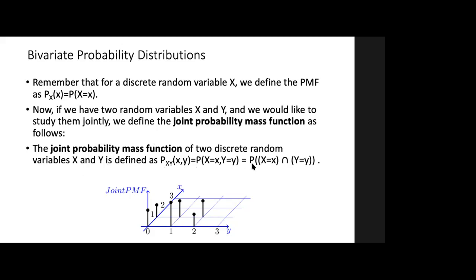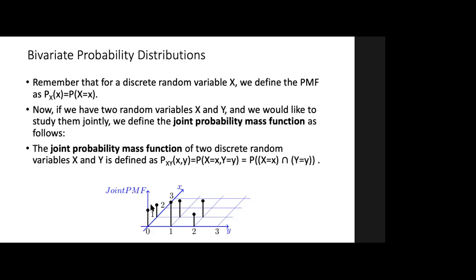And that is nothing but the probability that X takes on a particular value and Y takes on a particular value. If we go back to our example with the dogs and the height and weight, one potential probability value might be the probability that a dog has a shoulder height of 10 inches and a weight of 10 pounds, for example, right?